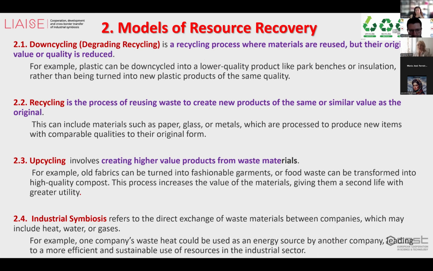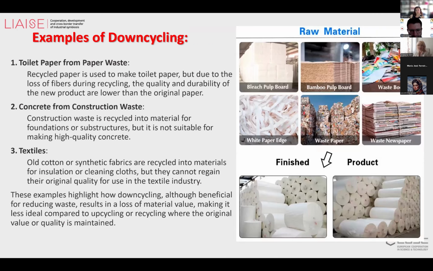The second is recycling, which is the process of reusing waste to create new products of the same or similar value as the original. Upcycling involves creating higher value products from waste materials, and industrial symbiosis, and Yasmin and Carlo have already spoken about that. Here are examples.